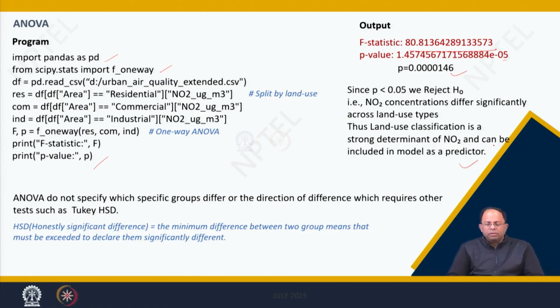To understand that, we have to do a further test, and that is where Tukey's HSD test comes in. HSD is honestly significant difference. It is the minimum difference between two groups that must be exceeded to declare them significantly different.